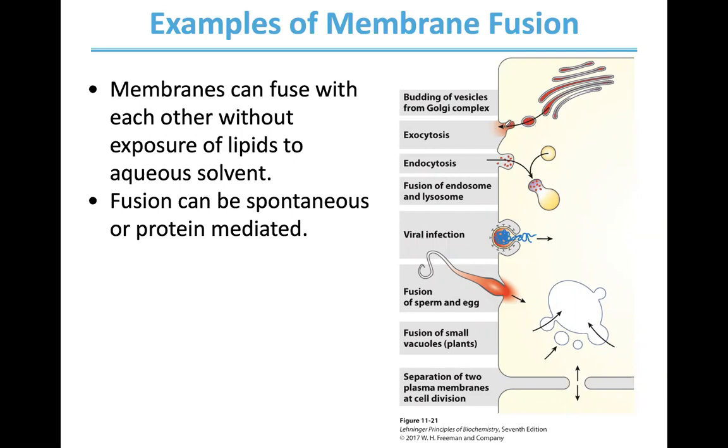And this will fuse with the cell membrane and allow this chemically modified protein to leave the cell through exocytosis. Remember, exo is outside, going outside, endo is coming inside. So you can see here something is coming from the outside, and the cell membrane will allow this fusion. And so many times, for example, this could be a lysosome.